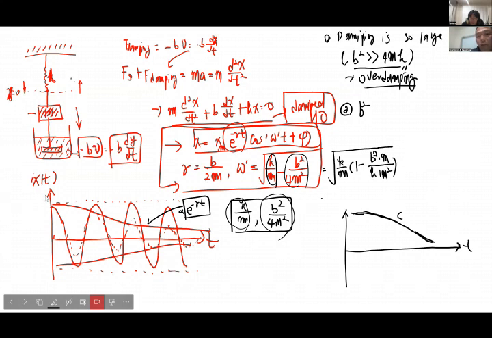If you rewrite it, that should be k over m times 1 minus b squared over 4mk, right? So that is omega prime. Here, there's one thing I want to tell you. The square root of k over m, what is that?